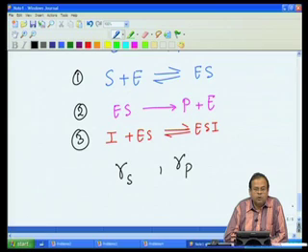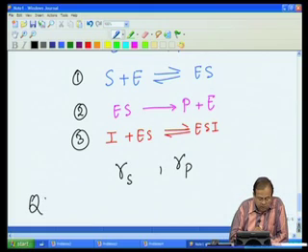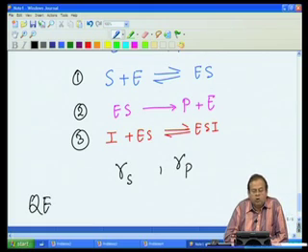Now, what did our problem statement say and which we have not used so far? It says that, for example, the first reaction is rapid, the third reaction is rapid, and the second reaction is slow. It means that we can use quasi equilibrium approximation for deriving the rate expression, because two reactions are rapid and the third one is slow, which is an indirect way of saying that the second reaction is the rate determining step.